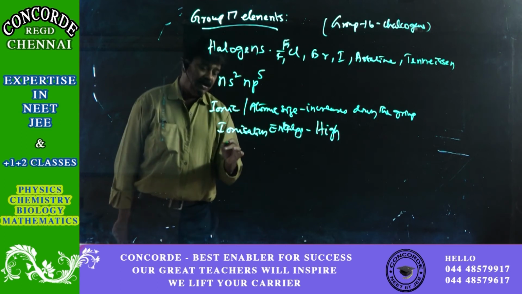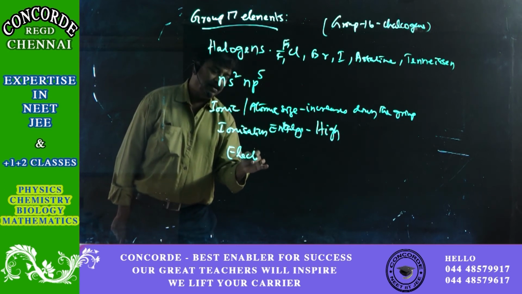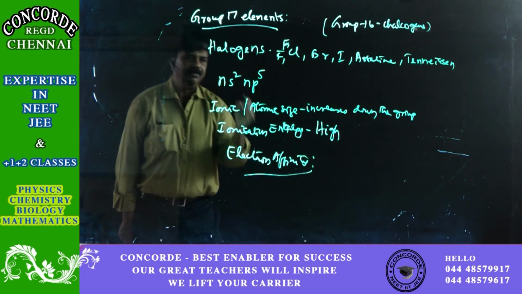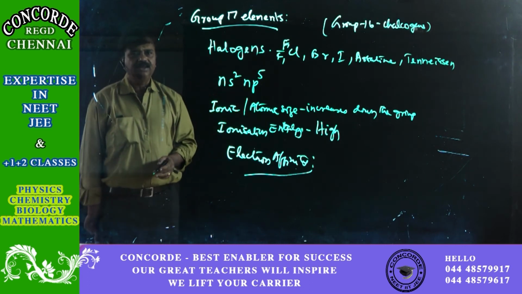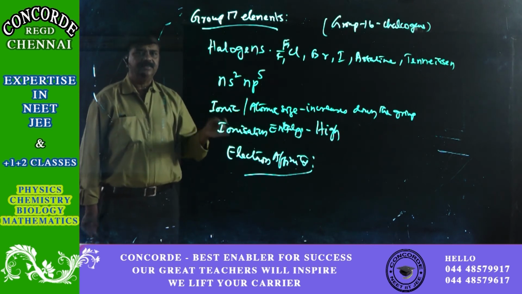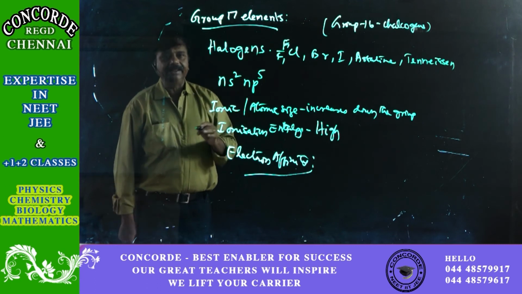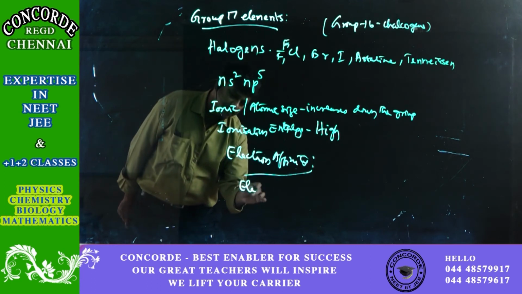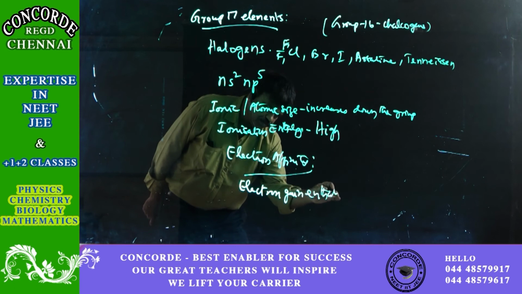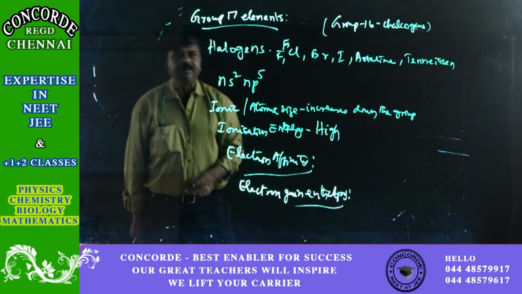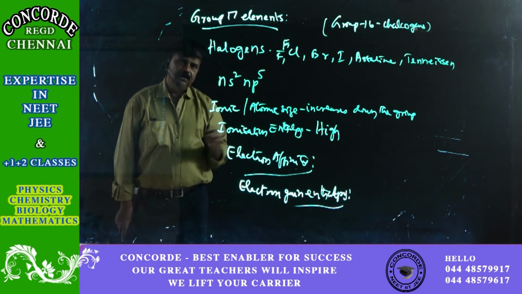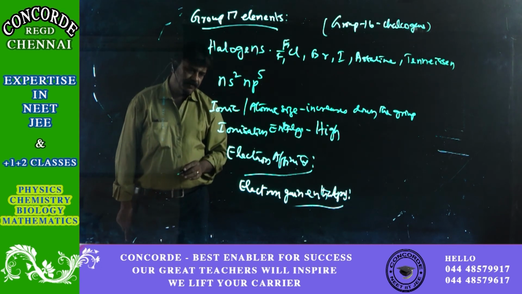And as you know, all these have a very strong electron affinity because from 7 it becomes 8 very easily. The electron affinity is more for fluorine and decreases down the group. And the electron gain enthalpy is also high for all the halogens, and of course electron gain enthalpy also decreases down the group.